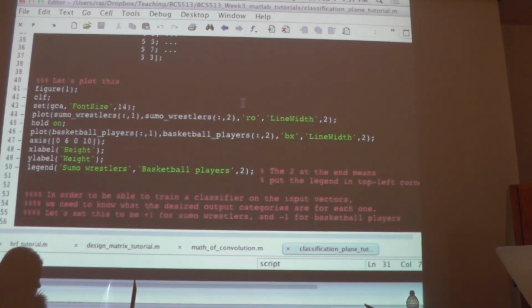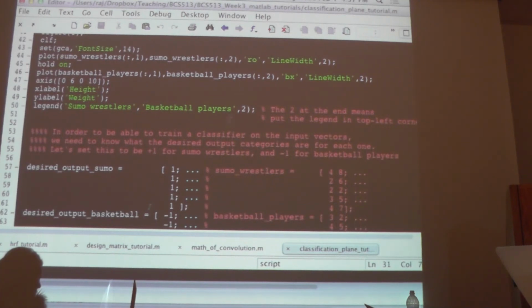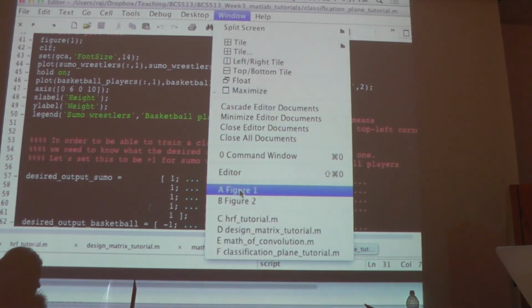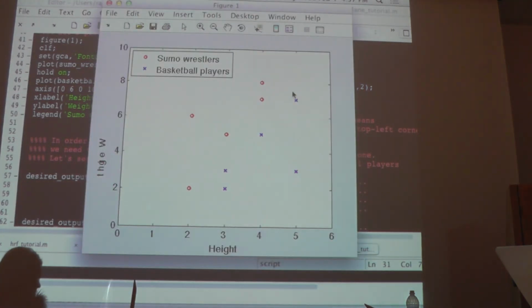In supervised classification you say, dear classifier, please give me a line that will put all the sumo wrestlers on one side and all the basketball players on the other side, and that's called a decision boundary. Usually you don't get the luxury of a decision boundary that perfectly defines the classes, but for a toy example, we're going to do that.